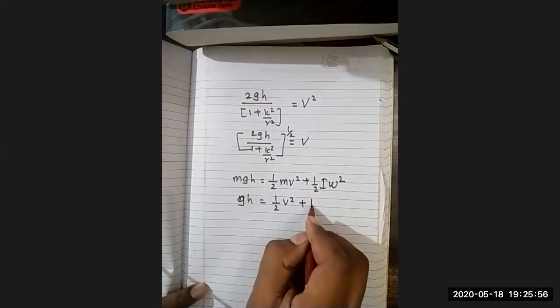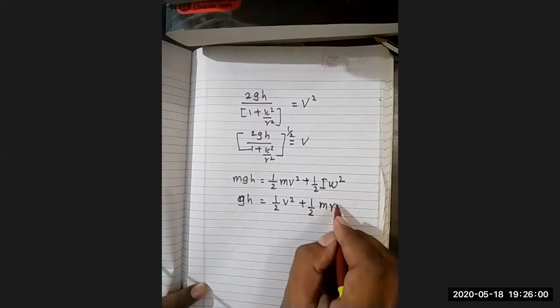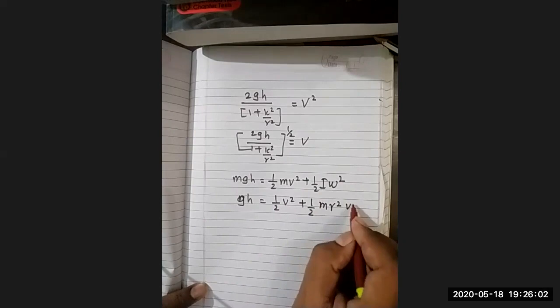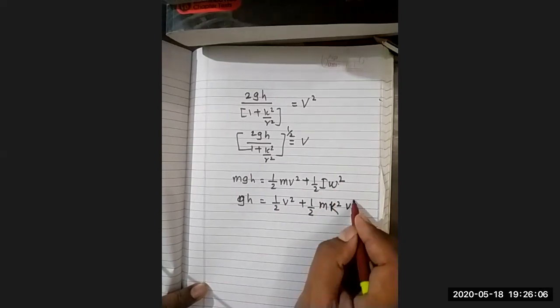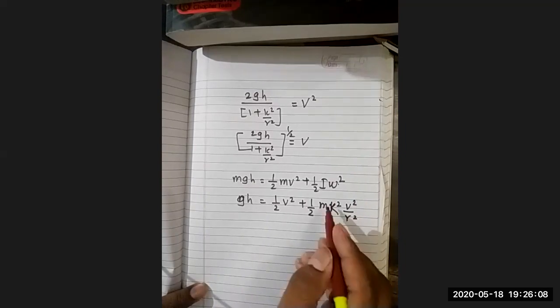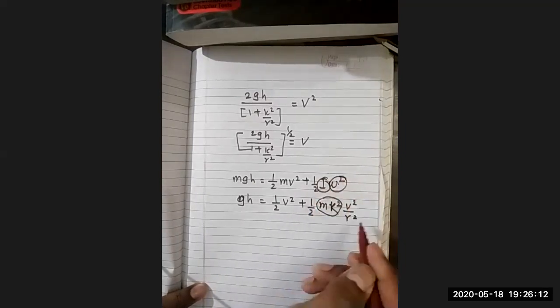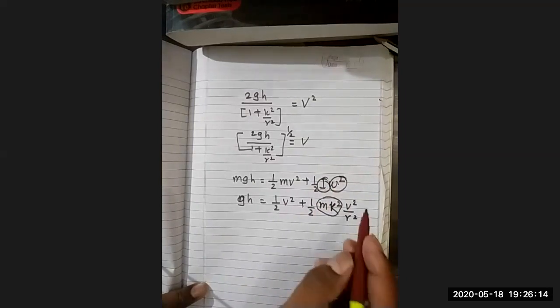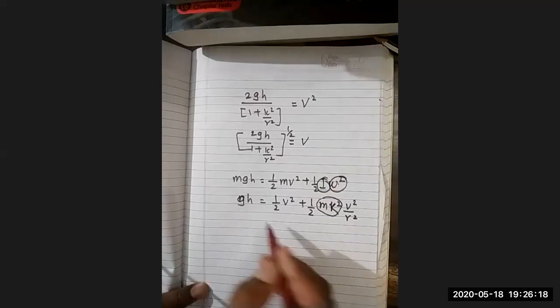Instead of I, m k square, instead of omega square, v square upon r square. So directly I place the value of I and omega in this term only. So within one single term you will have the complete derivation.